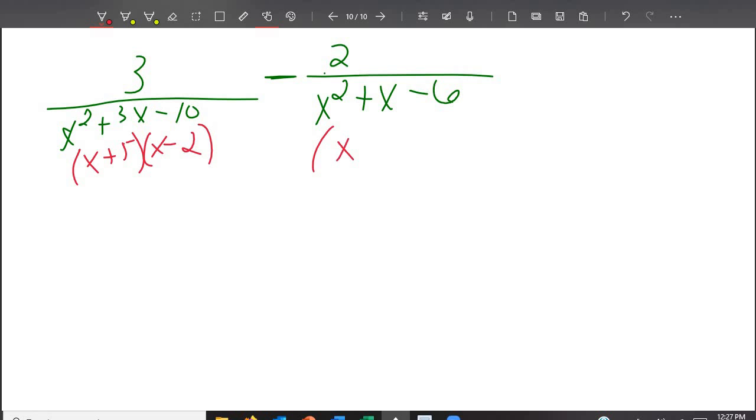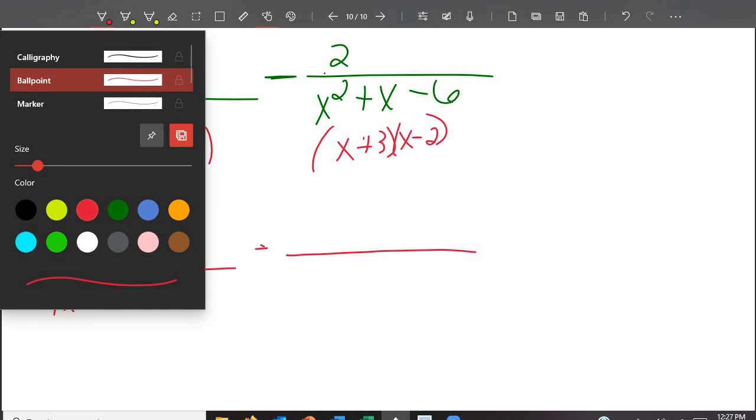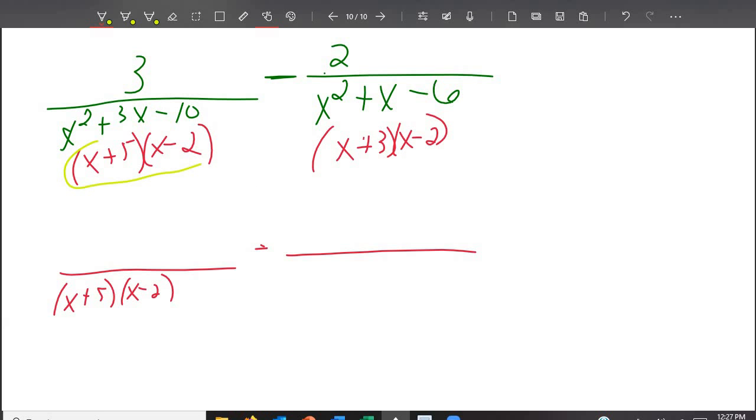This one's going to be x plus 3, x minus 2. Now, the common denominator has to have the x plus 5 and the x minus 2 because that's the original. Then we come to the second fraction.